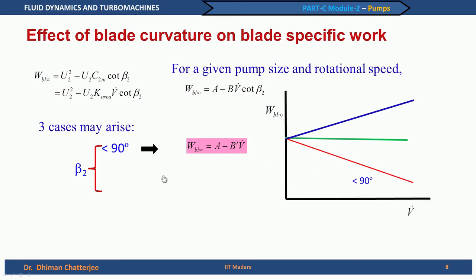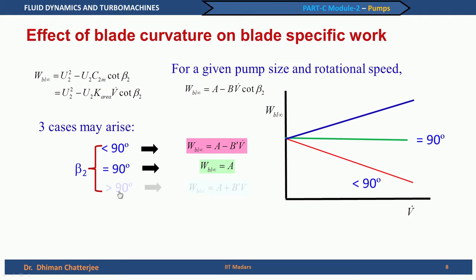I can also have beta 2 equal to 90 degree. If beta 2 is equal to 90 degree, then this term does not contribute and you get WBL infinity as A, which depends only on the speed and the size of the pump.